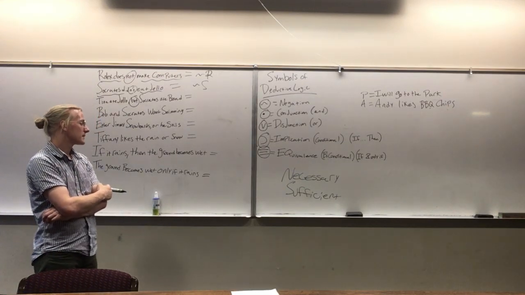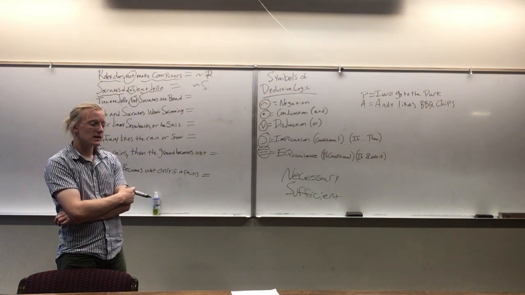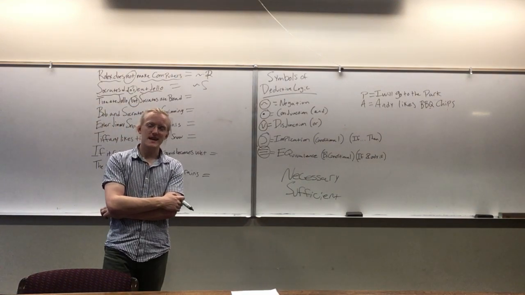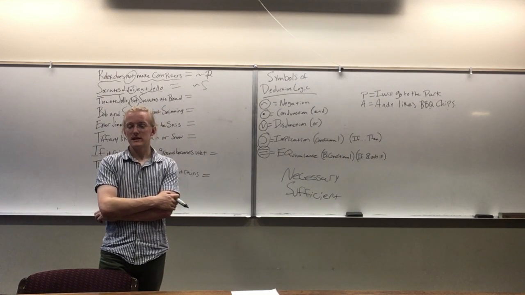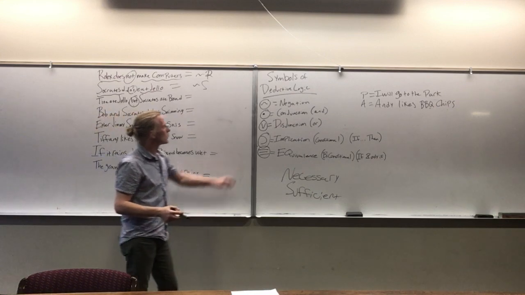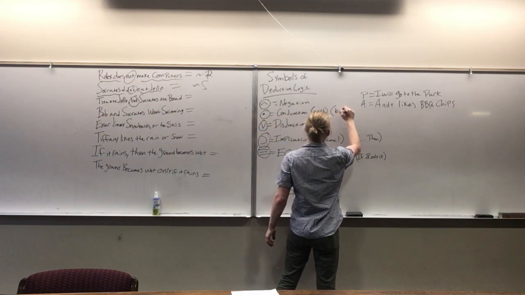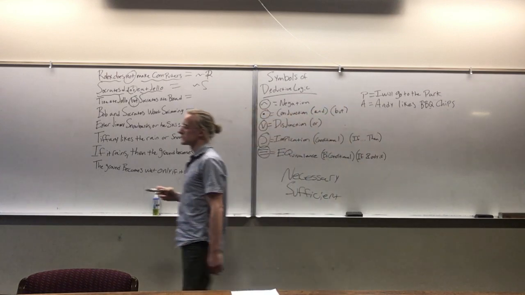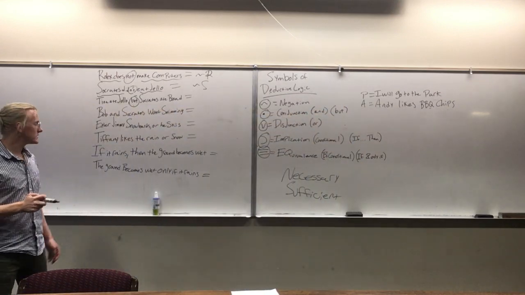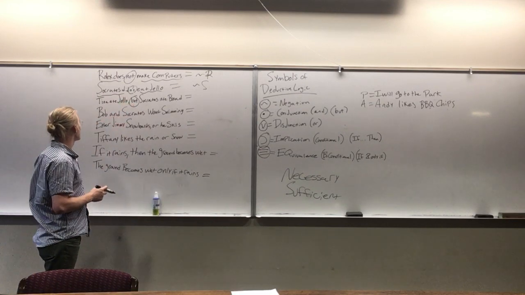Well, this, but maybe also that. But it's not the case that but indicates or. But is another word for our conjunction, so I'll write that here: and. So when you see but in a sentence, you should be thinking conjunction.